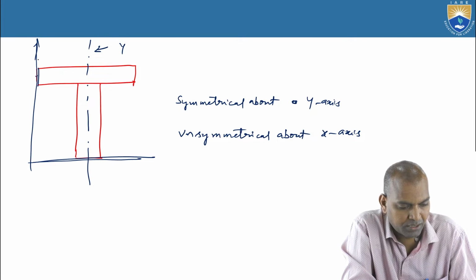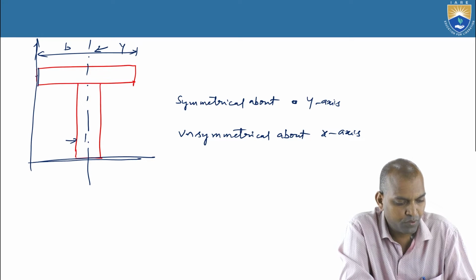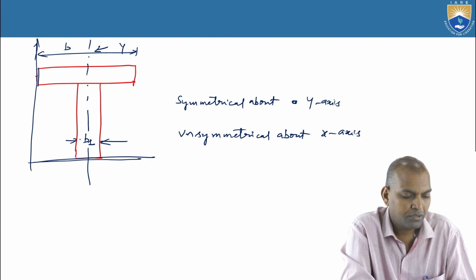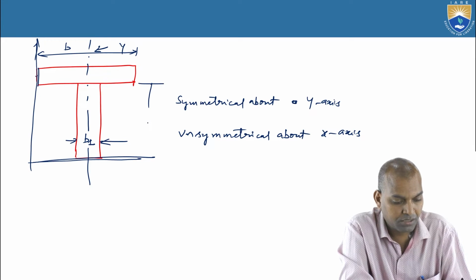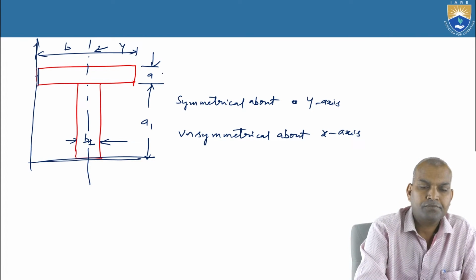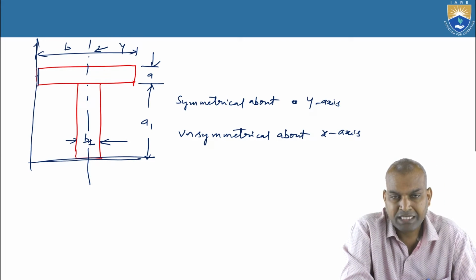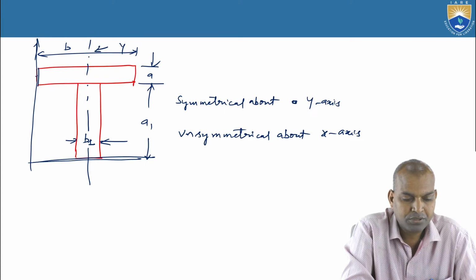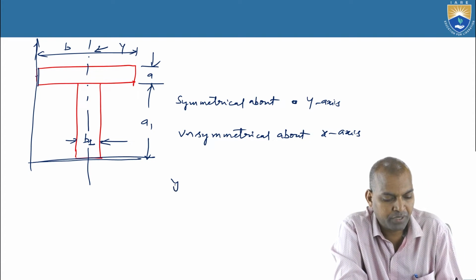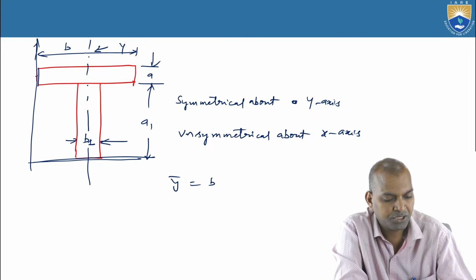Here the width is B, and here it is B1, and the height is A1, and here it is A2 or A. Now it is symmetrical about axis Y. That means we can directly say bar Y equals the distance, half of the width B, that is B by 2.